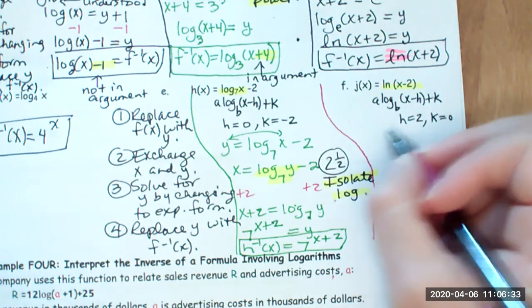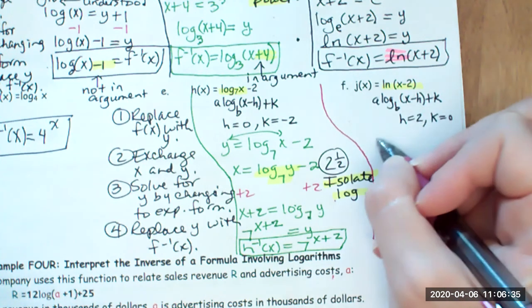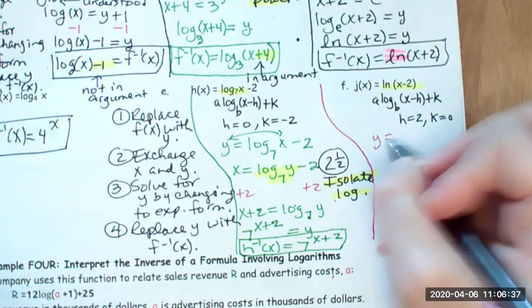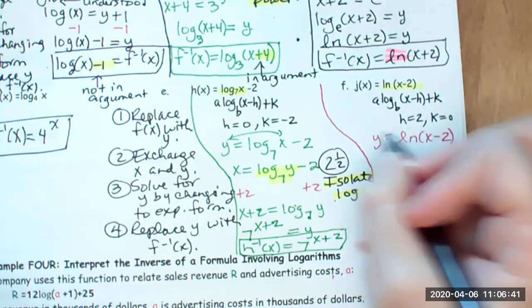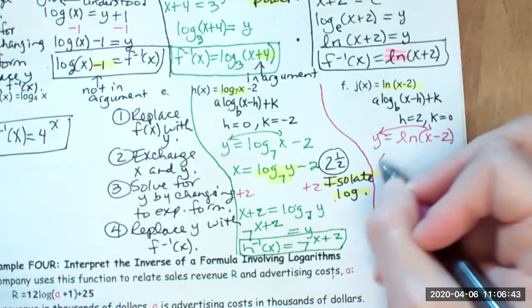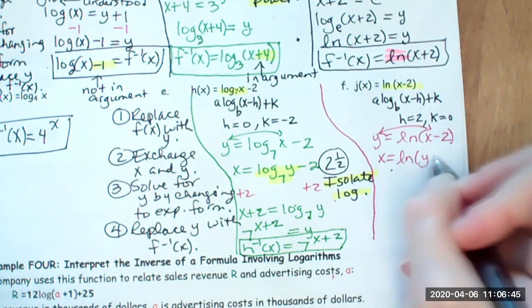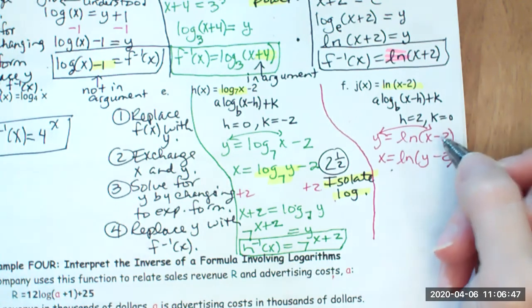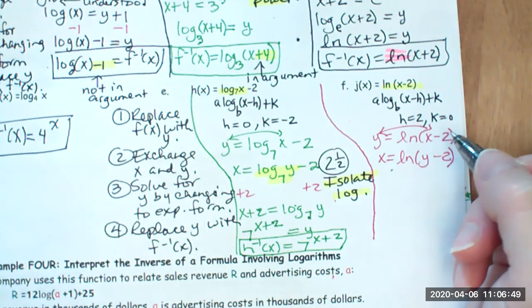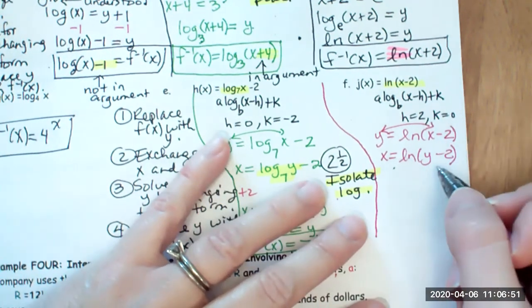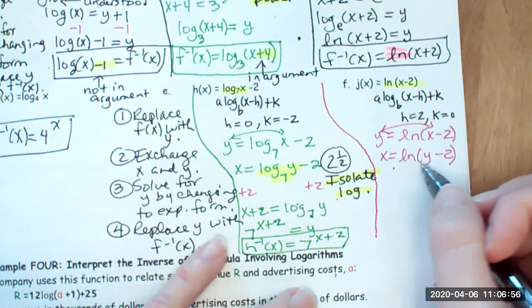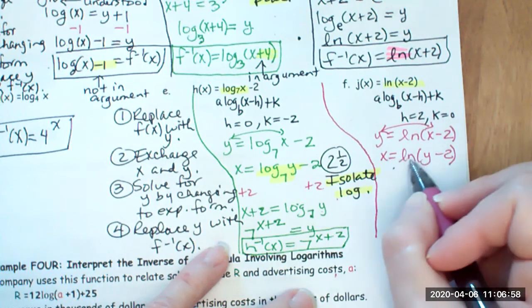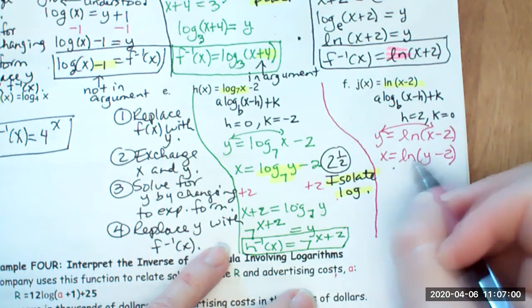So we're going to replace j of x with y. So if y is equal to the natural log of x minus 2, we'll then exchange x and y. So we'll have x is equal to the natural log of y minus 2. And keep in mind, before we change this to exponential form, because that would be the next step, that natural log is log base e understood.